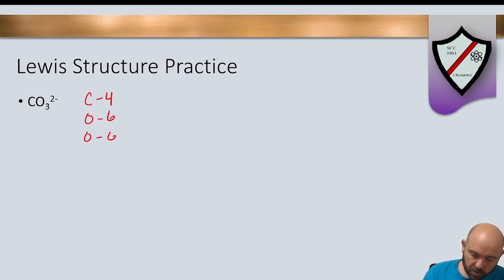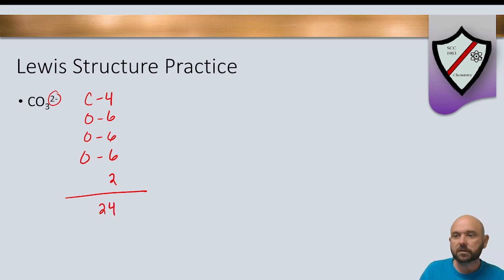There are 3 of those. But we cannot forget that the 2- charge means our structure has 2 extra valence electrons. So we add 2 more into our count from the 2- charge. That's 10, 16, 22, 24 total electrons with which to build this carbonate ion.